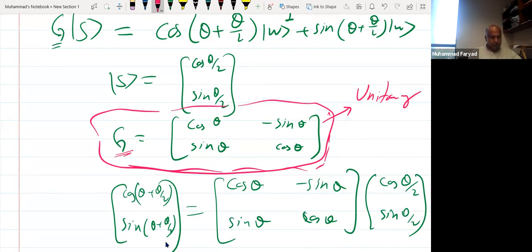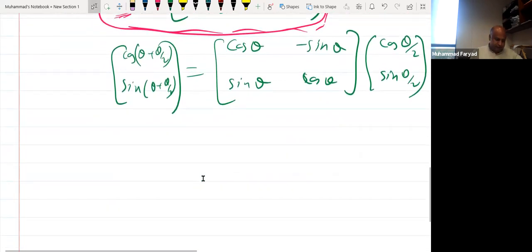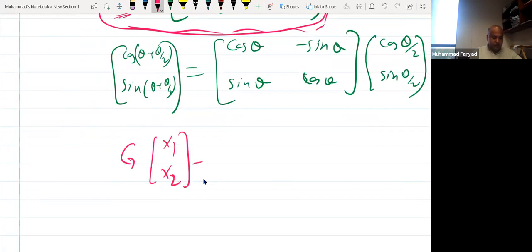So let's now see what the eigenvalues and eigenvectors of this operator, this matrix G, are. You can do it formally by starting with an unknown x1, x2, and solving for these eigenvalues, lambdas, and finding these x1, x2.